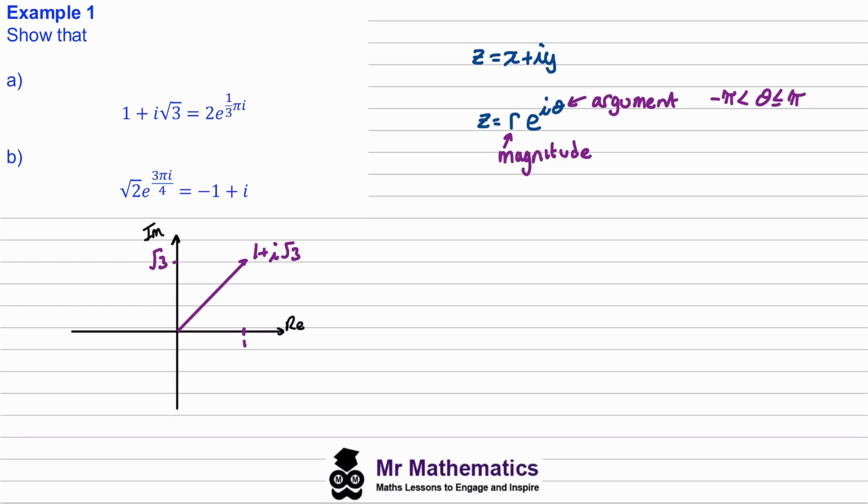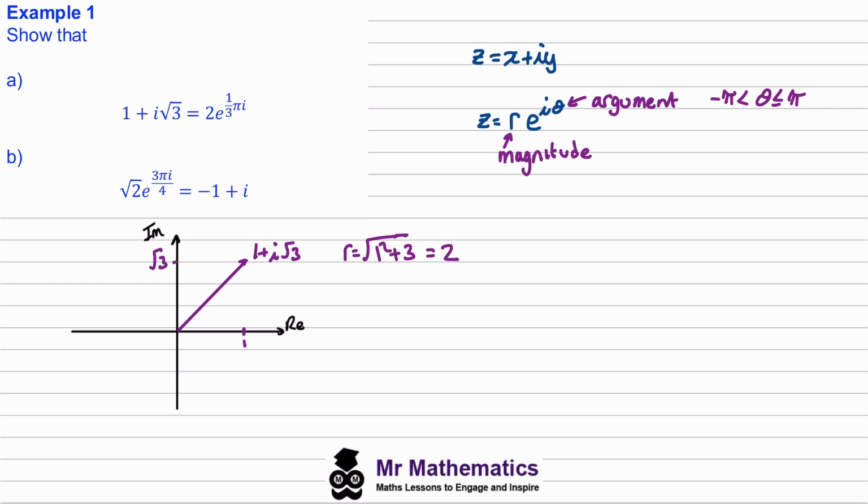Then to work out the magnitude of this, we can use Pythagoras' theorem. So r will be the square root of 1 squared plus root 3 squared, or just 3. So this will be the square root of 4, this will be 2.